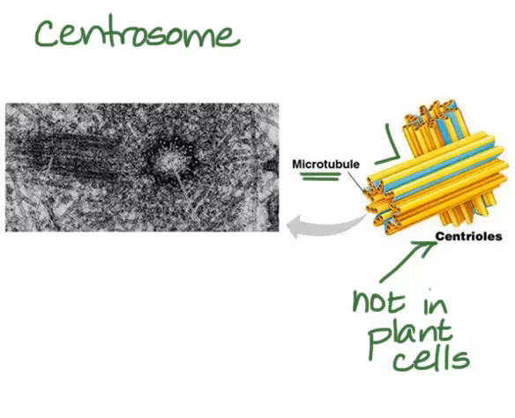And these microtubules are at right angles to each other. And this here is an example of an electron micrograph that shows one set of microtubules, and then at right angles to that we see the other set of microtubules.